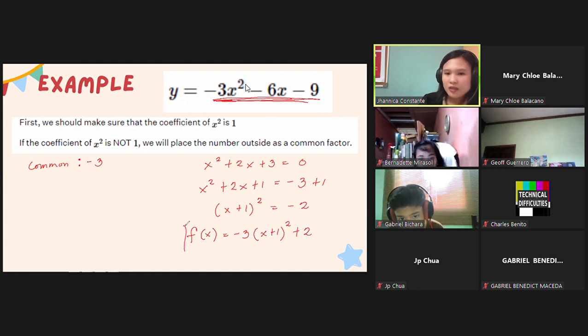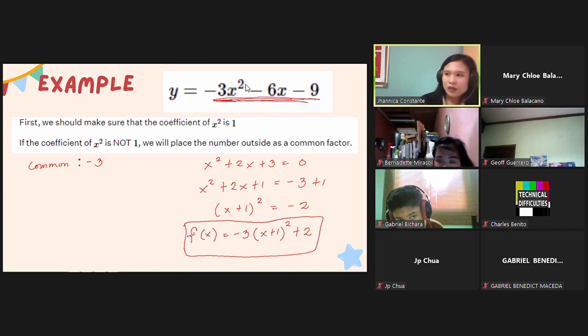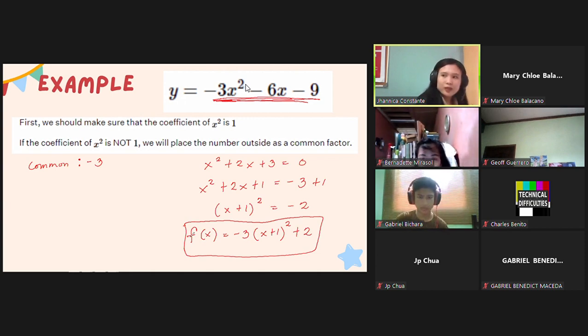That is the vertex form of our quadratic function, when the coefficient of the first term is not 1.